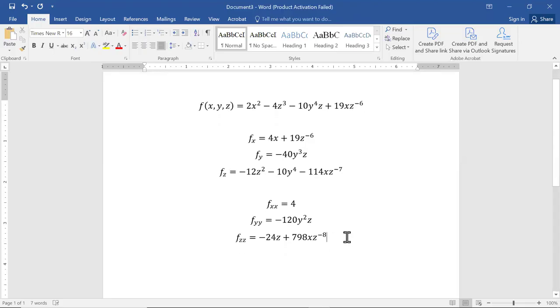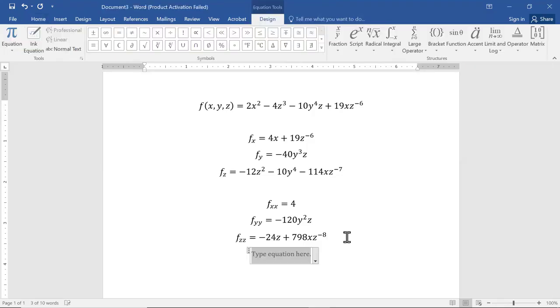Now let's talk about the mixed partial derivatives. Well, I could have taken a derivative with respect to x, then y. So take a derivative with respect to x. I already did that. And then derivative of this with respect to y. Notice that none of these terms have y in them. So that's going to be 0.